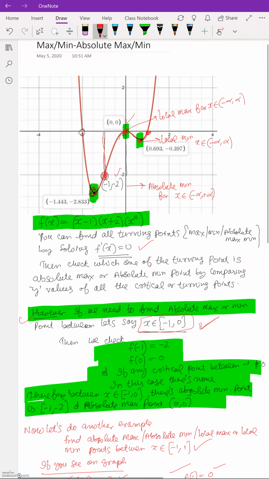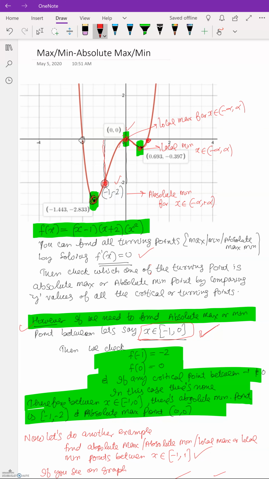So I'm going to go back and show you on the graph from -1 to +1: (-1, -2) is the absolute min point, (0, 0) and (1, 0) are absolute max points, and (0.693, -0.397) is the local min point. I hope I made it clear.